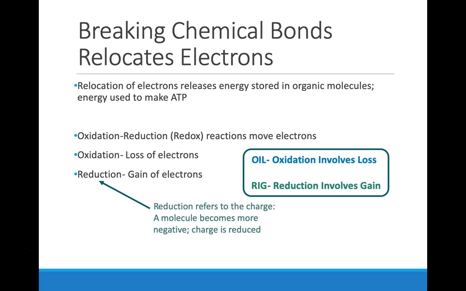So reduction actually refers to charge. When we say the term reduction, we mean that the charge is reduced. As a molecule gains electrons, it becomes more negative, which means the number that we see on the charge gets lower. So the charge is reduced. That's another way that you can remember that.